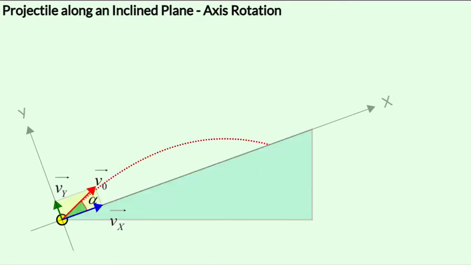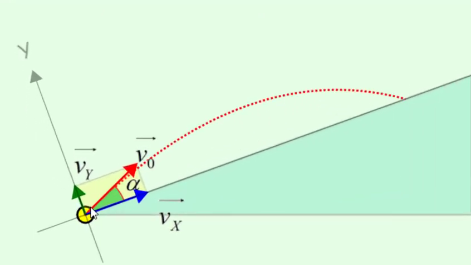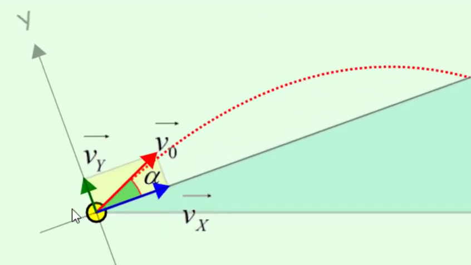Now we perform the same kind of steps that we had in the absence of the incline, and we begin by resolving the initial velocity vector v0 along the x-axis and along the y-axis. But as you perform these steps, always bear in mind that the new rotated coordinate system has the x-axis along the incline and the y-axis perpendicular to the incline.